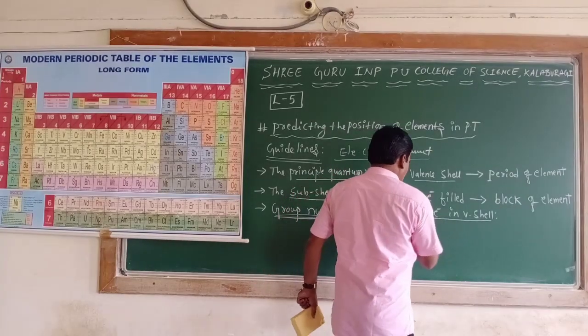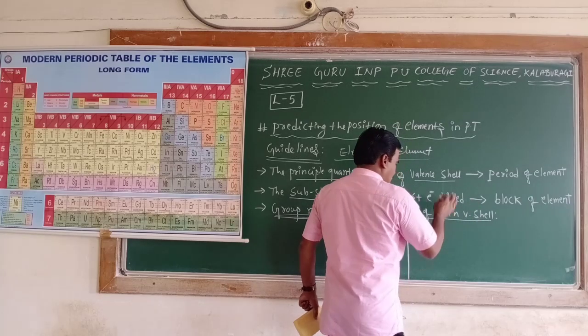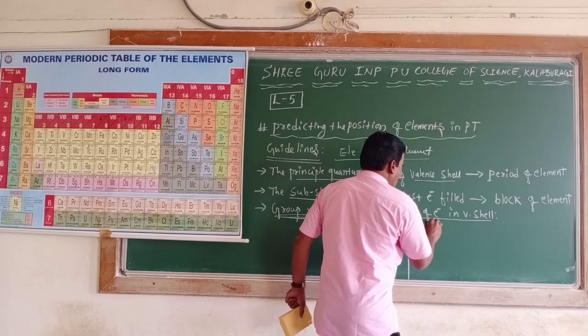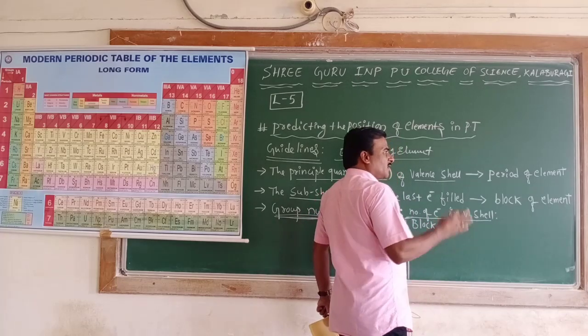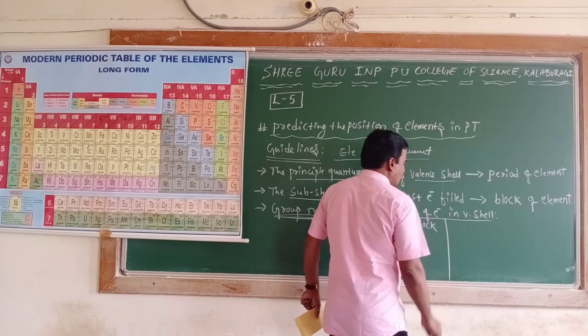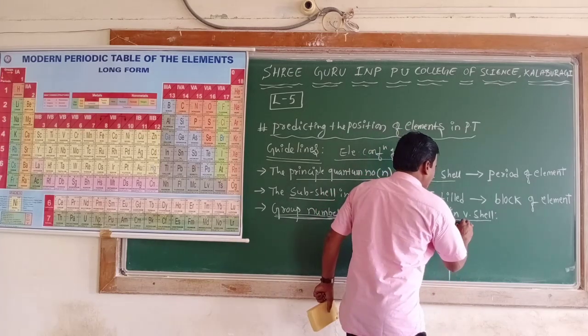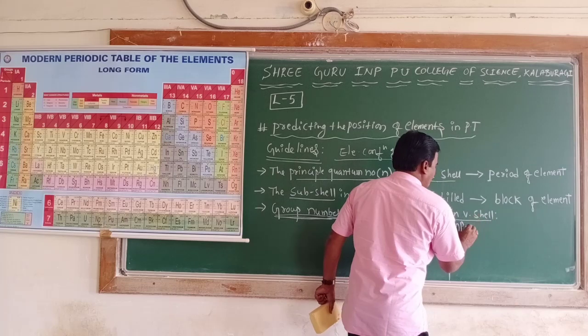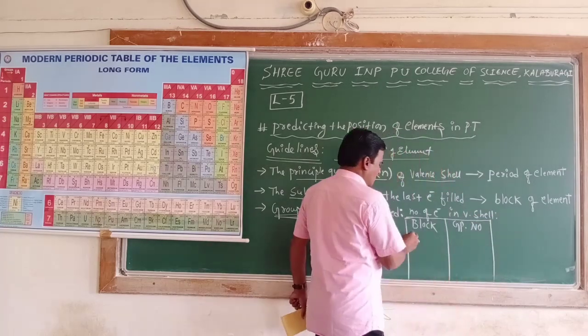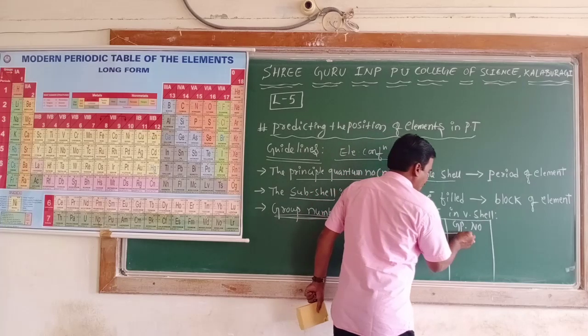The table consists of 2 columns. One is the block, and the other is how to predict the group number in a particular block: block and group number.